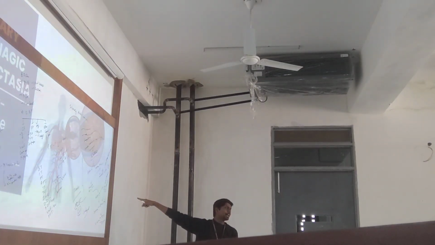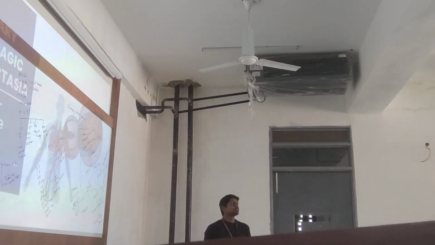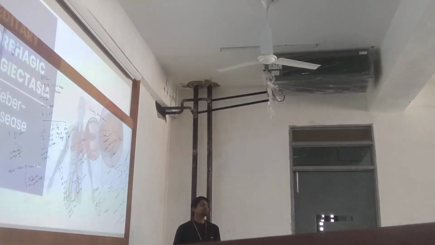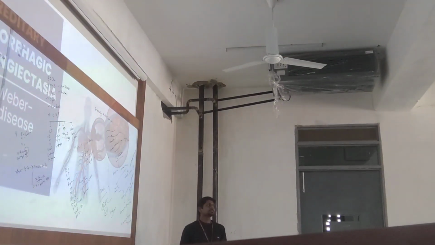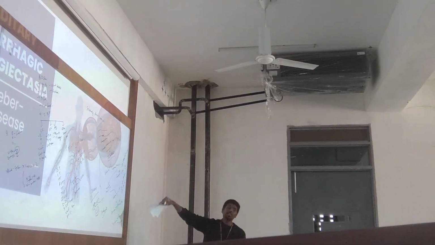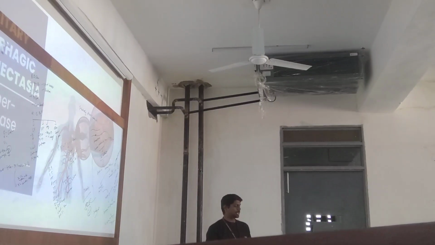Sir, is plasmin inactivated by alpha 2 antiplasmin and macroglobulin, or activated? They will inactivate the plasmin, not activate. Activation will be seen in the fibrinolytic mechanism. Okay? Next question.